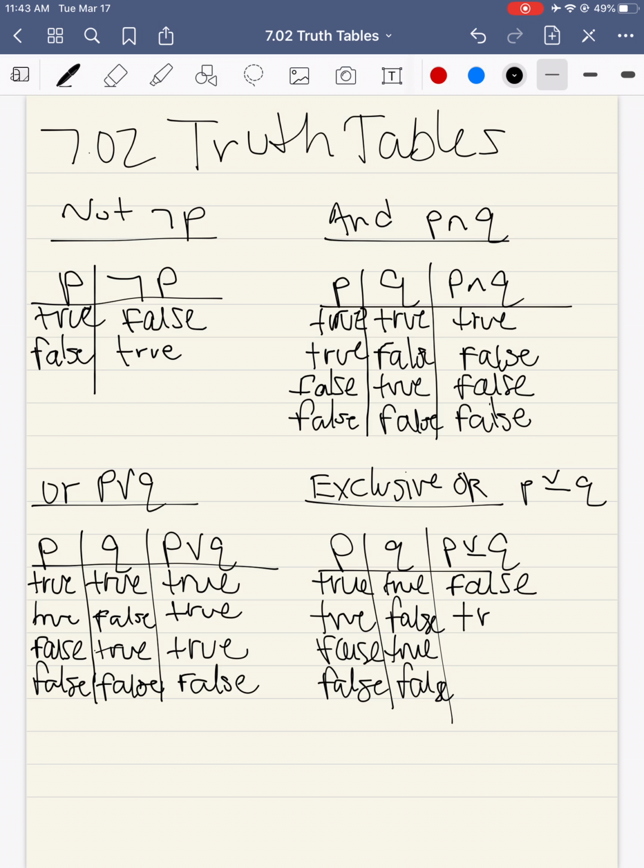So that is true. And then this follows the same structure, false or true. One of them is true, but not both. And then lastly, if both statements are false, then the whole statement is false. So that is for exclusive or. So now we'll do if and only if, and then if then.